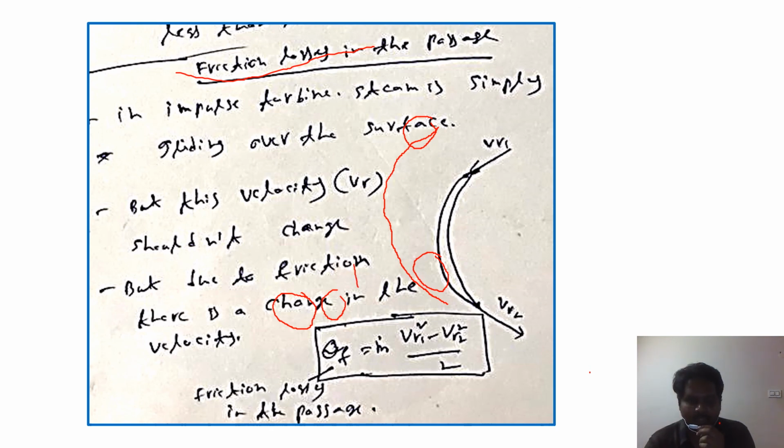Here Vr1 square is the relative velocity at inlet, Vr2 square is the relative velocity at outlet. It is by 2 because here the kinetic energy is based on the relative velocity at the inlet, and at the outlet also the kinetic energy is based on the relative velocity. So there is a by 2. So from this equation we will find the frictional losses in the passage.